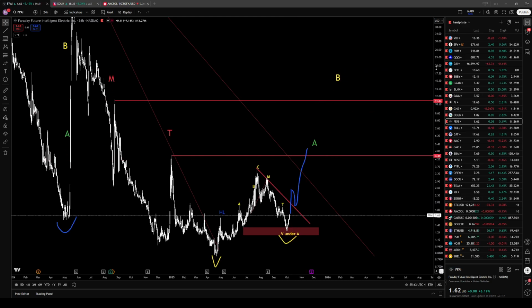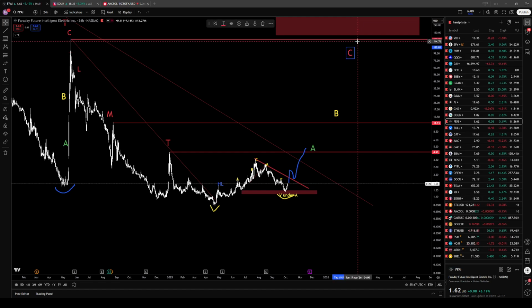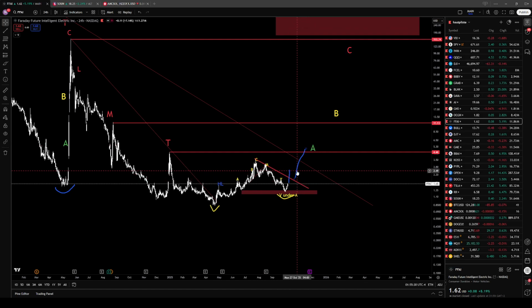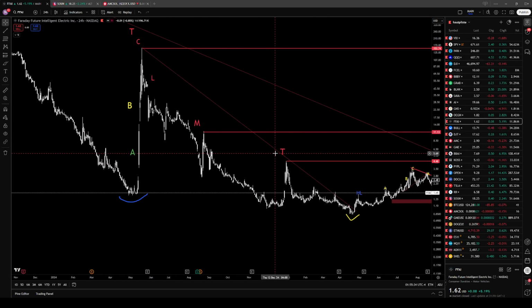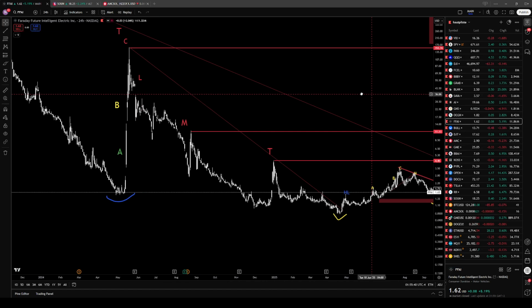Your B target is $11, and the point where you reject is 150 something. You won't break this. Just saying, because of breakout, retest, FFAI doesn't have to do this. You saw that back here. You have your V, your low is low, higher low, and then you just go.